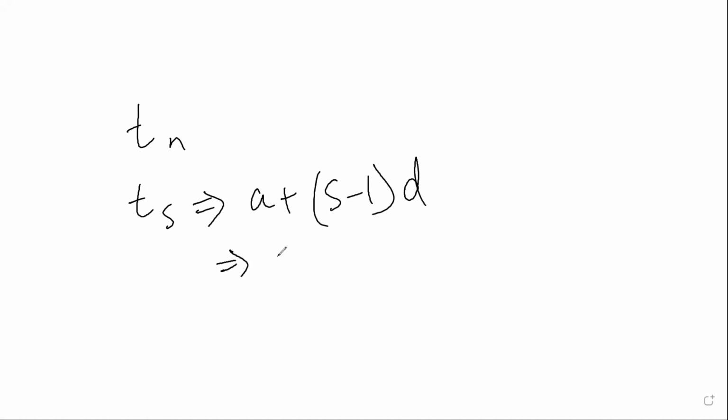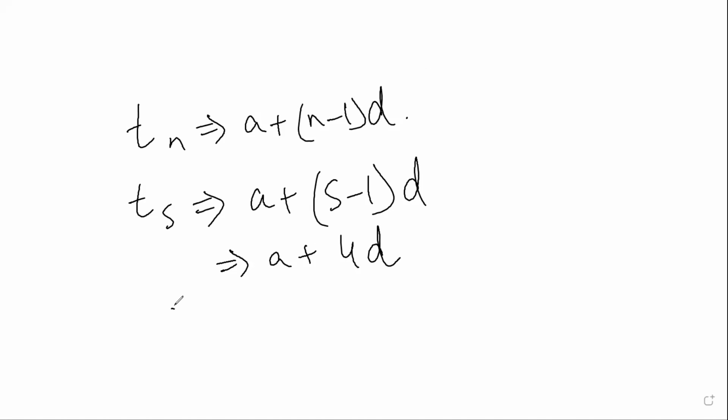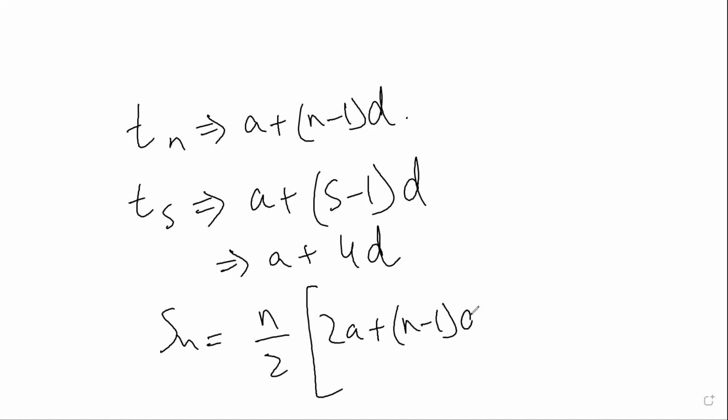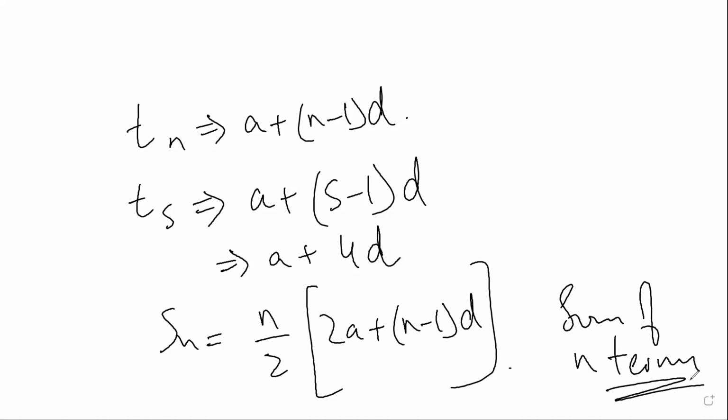For example, the fifth term would be A plus (n minus 1) into D, which is A plus 4D. And Sn is equal to n by 2 into (twice of A plus (n minus 1) into d). This is for the sum of n terms. Great.